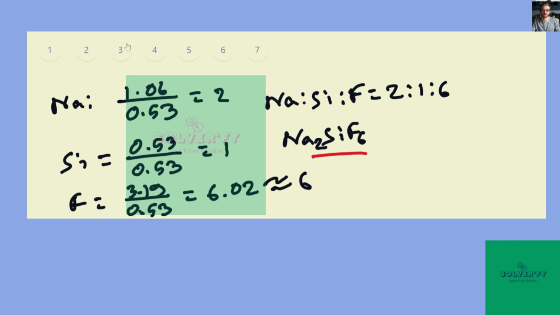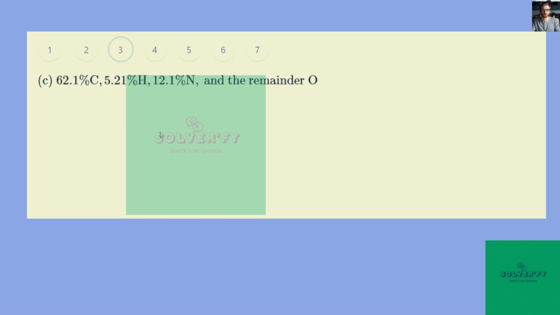So if we subtract the total from 100, 62.1 plus 5.21 plus 12.1, we will find that the rest is 20.53. So this is the percentage of oxygen.